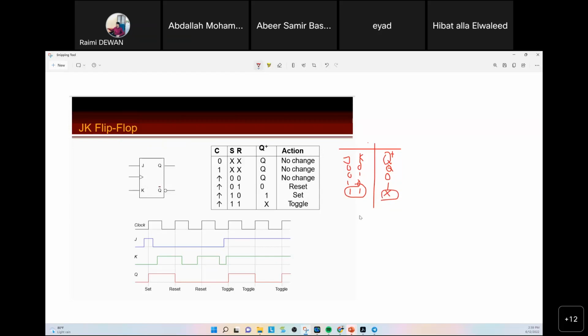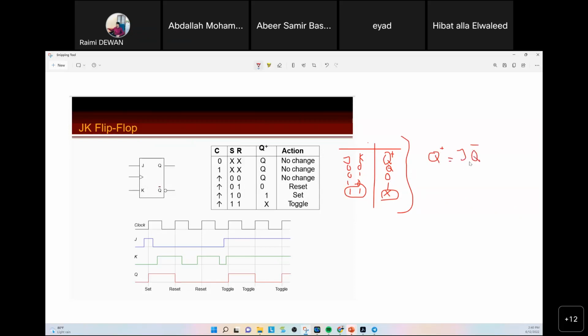So this is a characteristic table. From this characteristic table, you're going to get the characteristic equation. When you do the K-map, you will notice that Q plus is actually equivalent to an XOR for J Q bar.